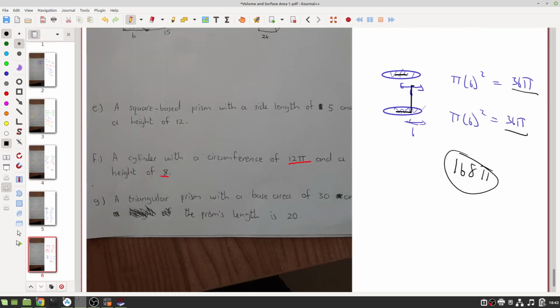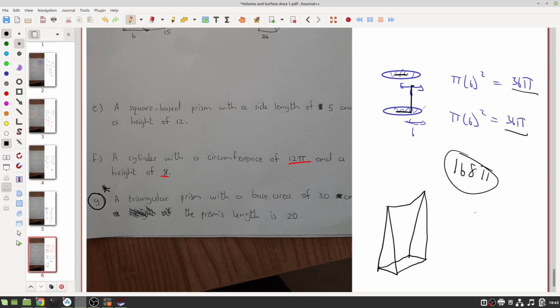Question G, we don't have enough information to find the total surface area. All we know is this, so let me show you what it could be. It could be something that looks like this, a rectangular prism, or a triangular prism that looks like that.